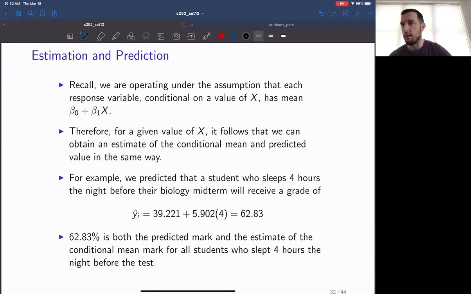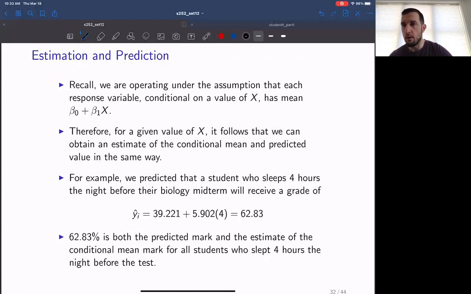The rationale for these two intervals: we established earlier in lecture set 12 that one of the main applications of the linear model is prediction. So we can take the model that we have fitted and use it to predict, for example, your midterm score given the number of hours that you slept.